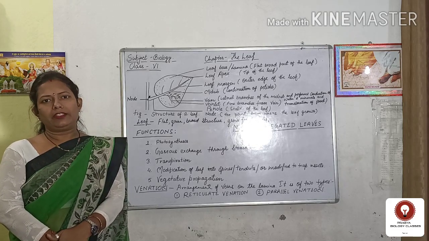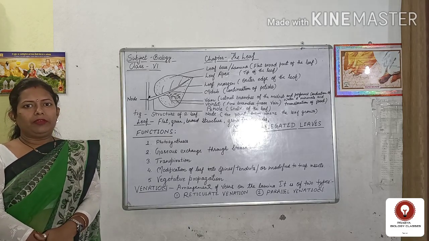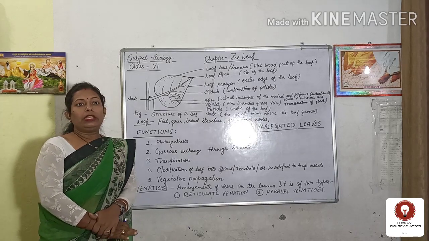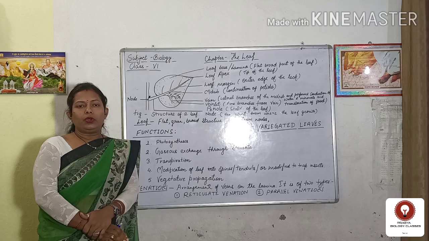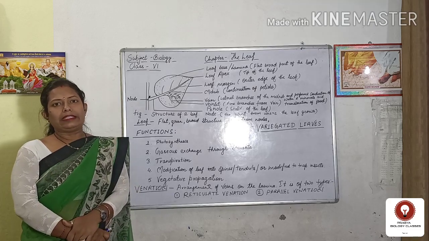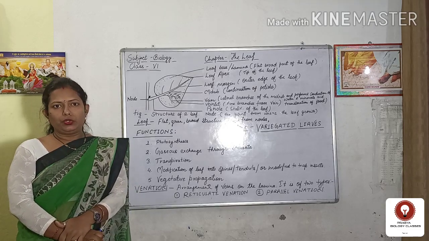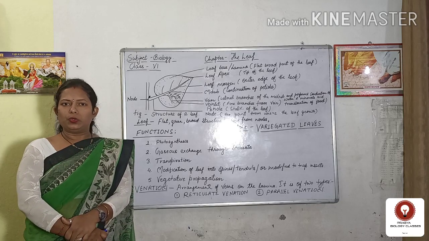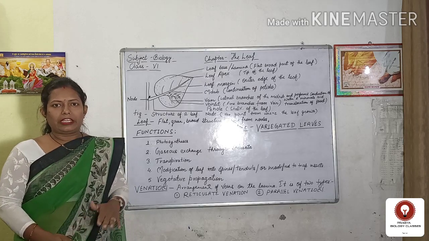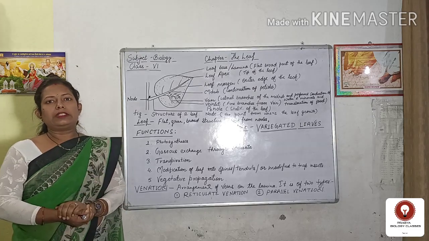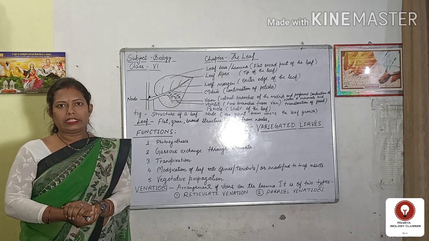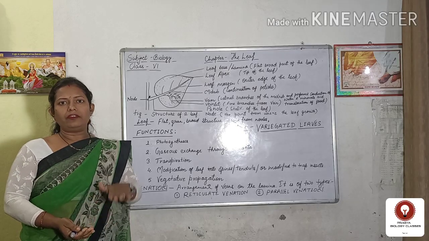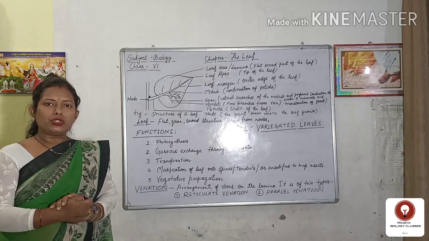Before starting leaf, we will start with the structure of plant. The structure of plant is generally divided into two parts, the root system and the shoot system. The root system is found below the soil, and the part of the plant that is present above the soil is known as the shoot system.